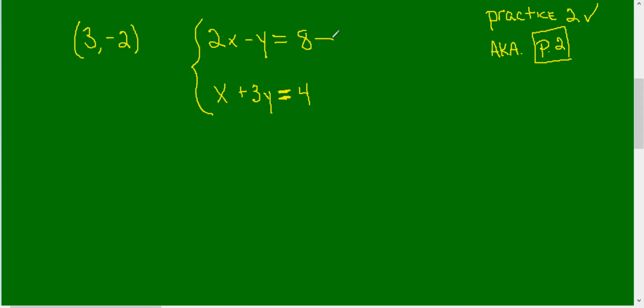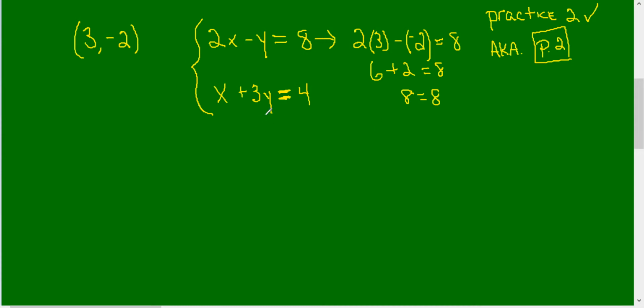I'm going to convert this to be 2 times 3 minus y, which is negative 2. Does that equal 8? I've got 6 plus 2 equals 8. 8 equals 8. All right, got that?